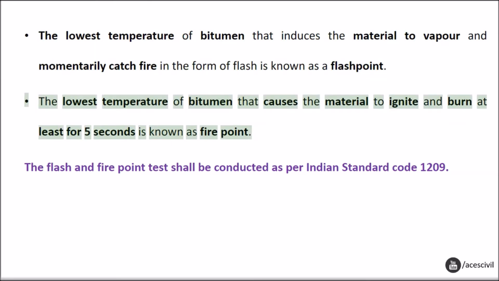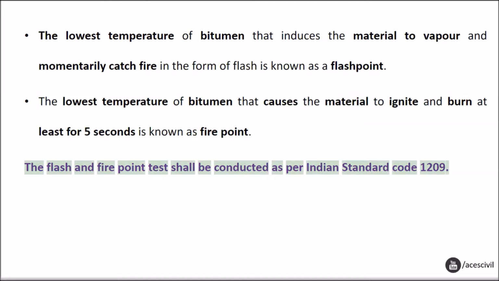The lowest temperature of bitumen that causes the material to ignite and burn for at least 5 seconds is known as the fire point. The flash and fire point test shall be conducted as per Indian Standard Code 1209.